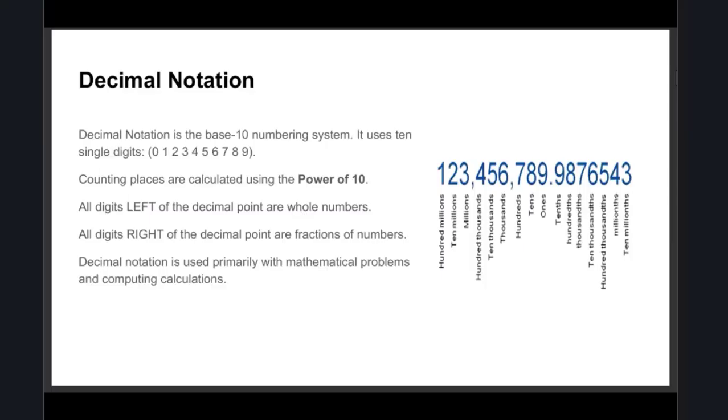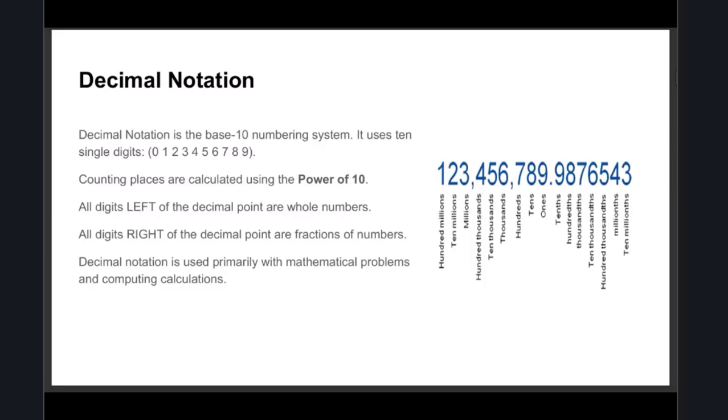As we calculate decimal notations, we use a reference point called the decimal point. Any value that is to the left of a decimal point will distinguish some type of whole number value. All of our digits that are to the right of a decimal point will be a fraction.